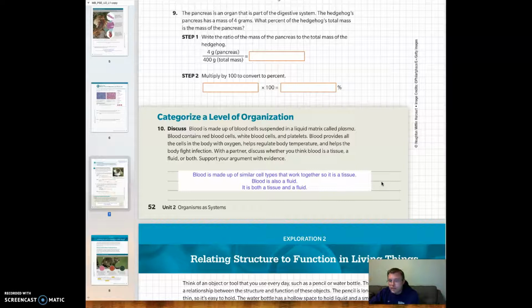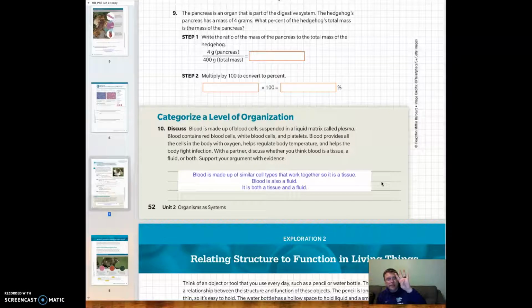Okay, that brings us to the end of exploration 1. Again, the biggest thing to get out of exploration 1 right here is just that organization of living things, where we start with cells, the simplest building block of a living thing. Put a bunch of cells together, you get tissues. Put a bunch of tissues together, you get organs, and then you put a bunch of organs together and you get organ systems.